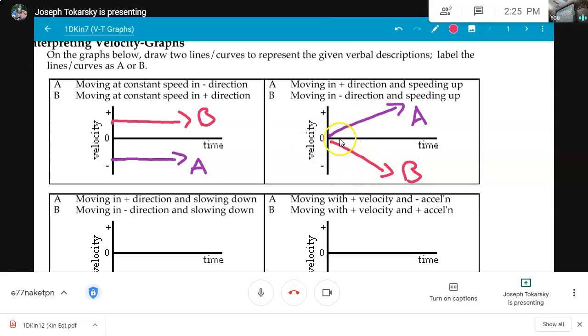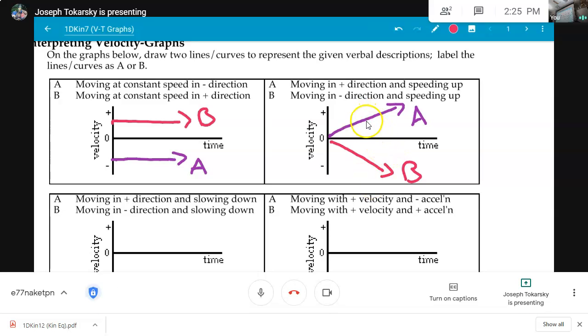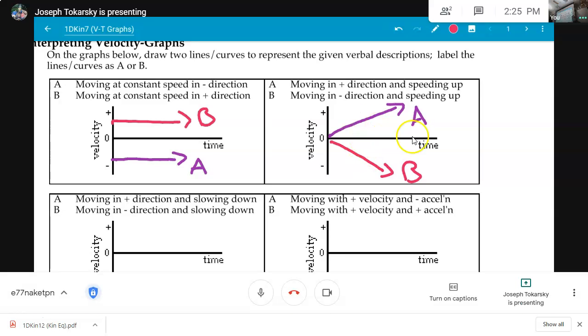So what that really means is this is a positive acceleration, this is a negative acceleration. And this proves the fact that we've been saying all along, that just because the acceleration is positive or negative, that doesn't guarantee me if I'm speeding up or slowing down. It all depends on what kind of velocities I'm in to begin with, plus or minus, because both of those lines could represent speeding up, which they do, right?